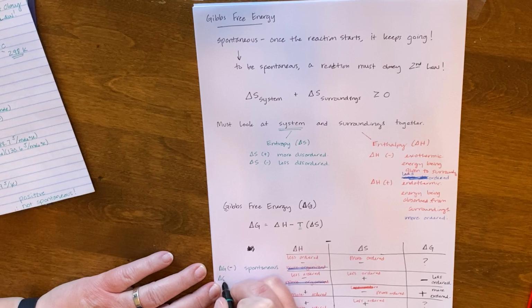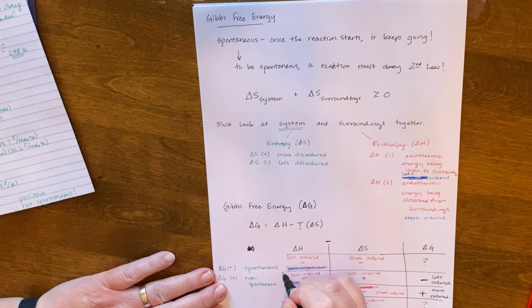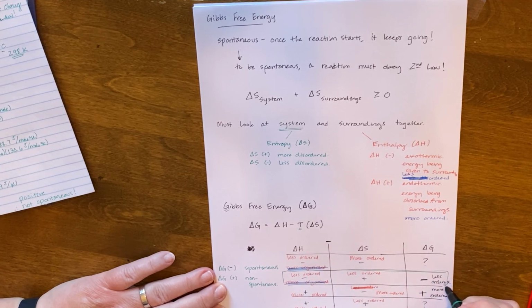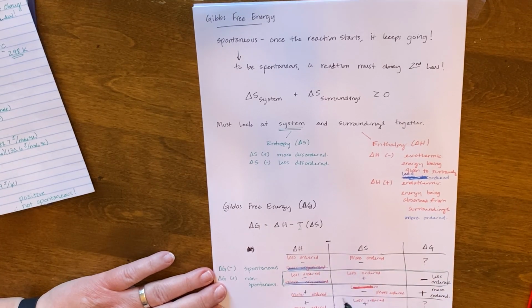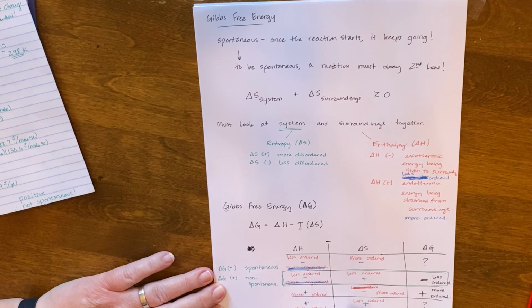When delta G is positive, we have a non-spontaneous reaction. This type of reaction will always be spontaneous when we have a negative delta H and a positive delta S. That, when we plug it into the equation, will give us a negative delta G.